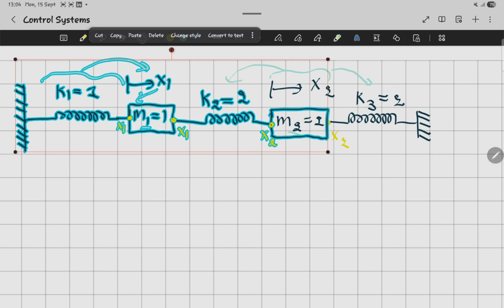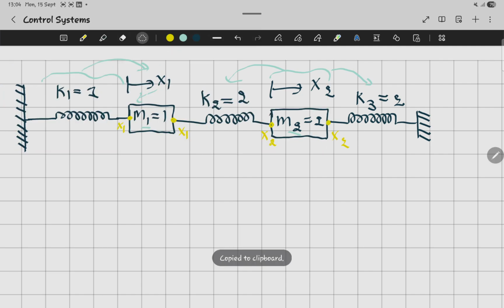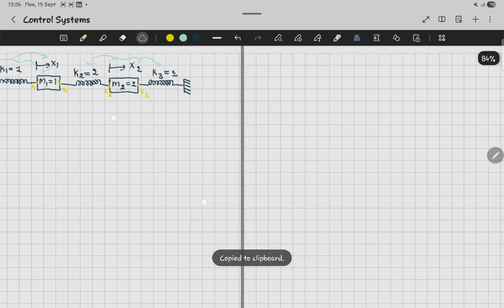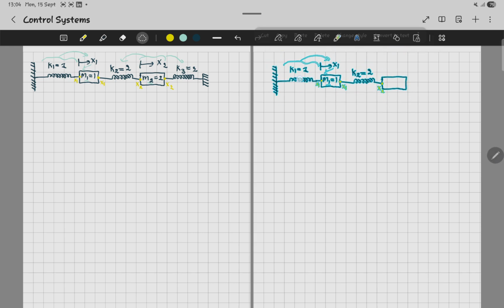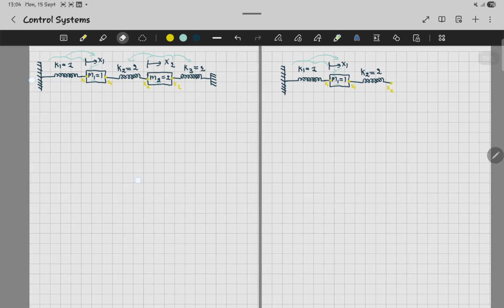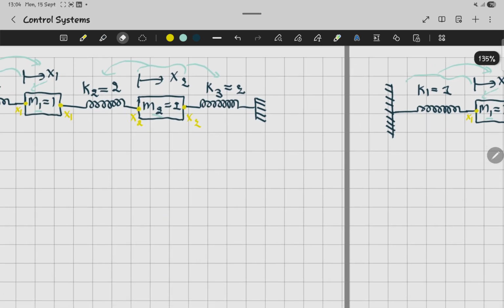Let me just take everything here. You have to solve for this block here on its own, and secondly, you would have to solve this other one, the remaining block.